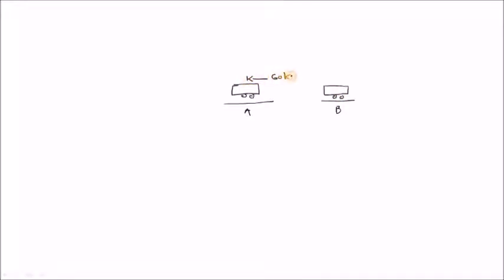So this is the distance covered by the train, and the train took 20 minutes to reach point B. And now we will calculate its average speed.